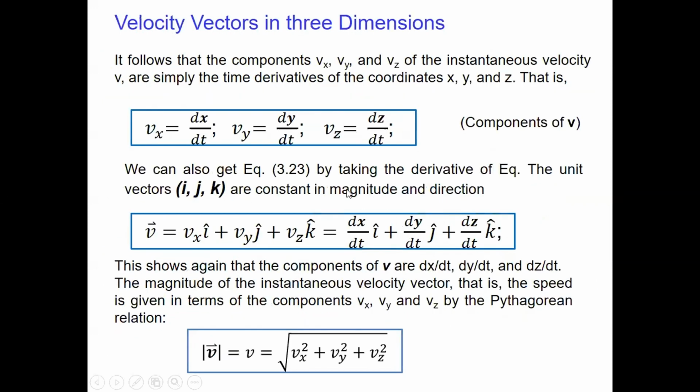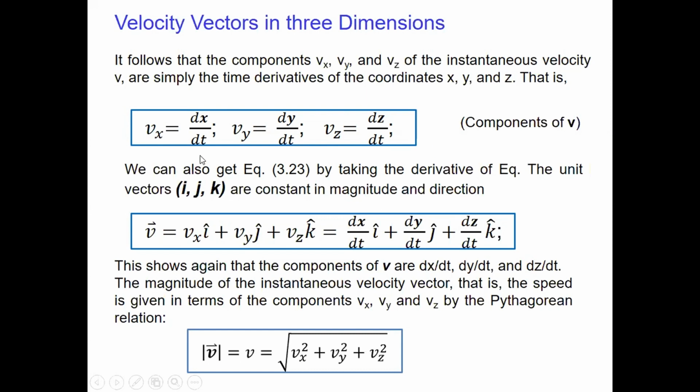If we want to write down the velocity vector in 3 dimensions, it is the first derivative with respect to time. So for the x component, the velocity x component is vx, and it is dx over dt. The vy velocity component is dy over dt, and the vz component is dz over dt.